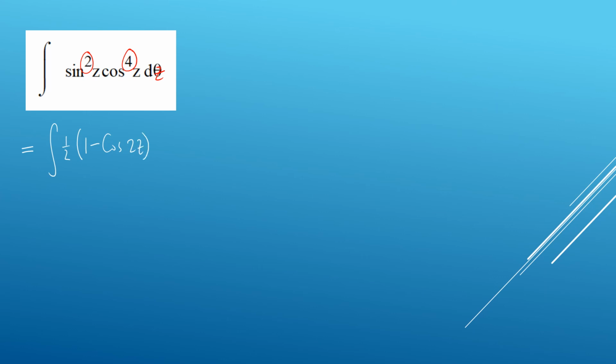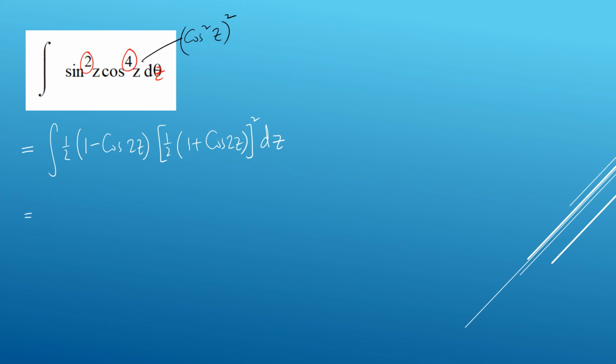For cosine raised to 4, that is equivalent to cosine squared z raised to 2, and cosine squared z is 1/2 quantity 1 plus cosine of 2 times the angle z, everything squared times dz.